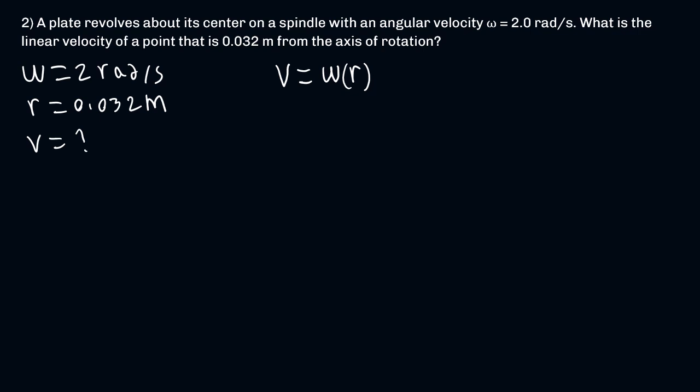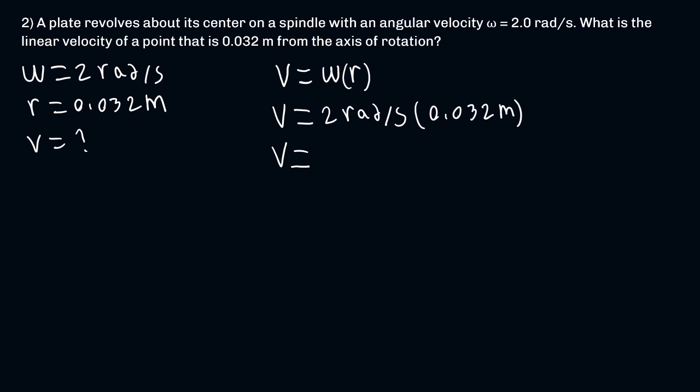So we have here v is equal to, I have the angular velocity that is 2 radians per second, and I have my distance from the axis of rotation as 0.032 meters. All I'm going to do is multiply these two numbers together, and I should end up with my answer.